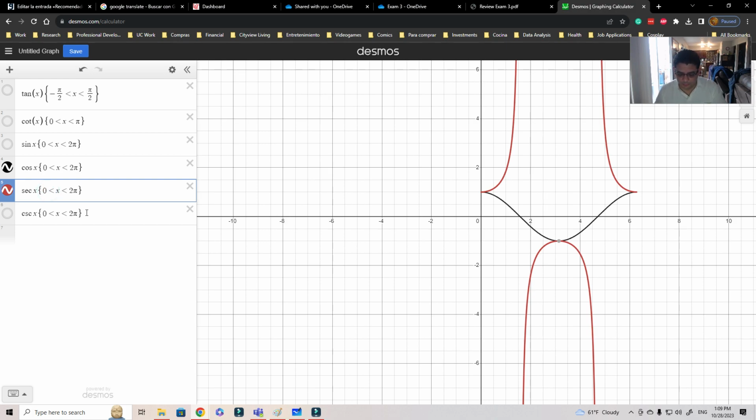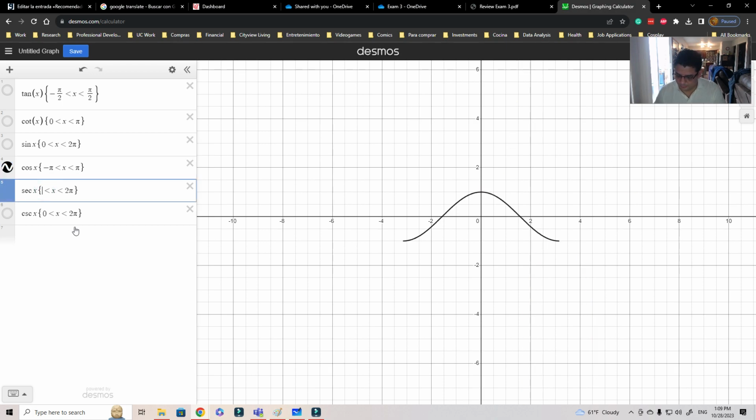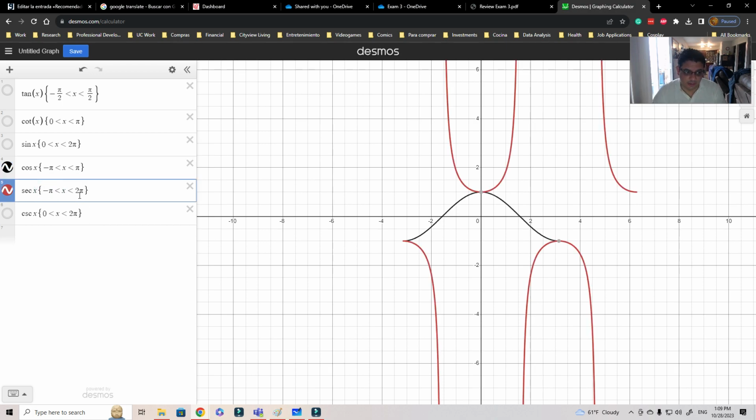Of course, you can move around some of these domains. If you want to check, let's say, minus pi to pi, this will also move around the behavior, but it's still going to be a reflection of the cosine function for the secant function.